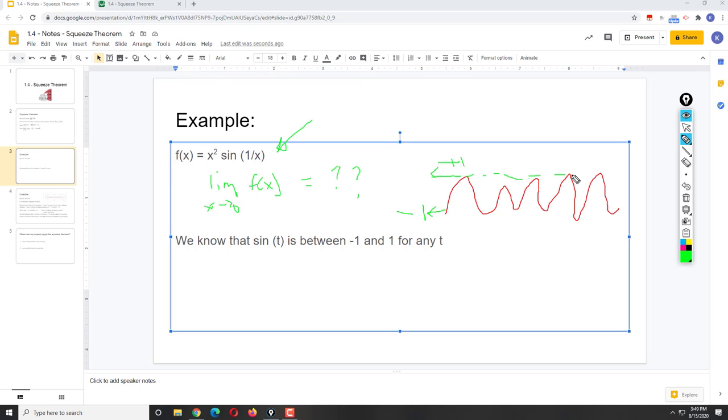So it's bounded by +1 and -1. That's true for any t. So if t equals 1 over x, that means that sine of 1 over x is also between -1 and 1. Okay?